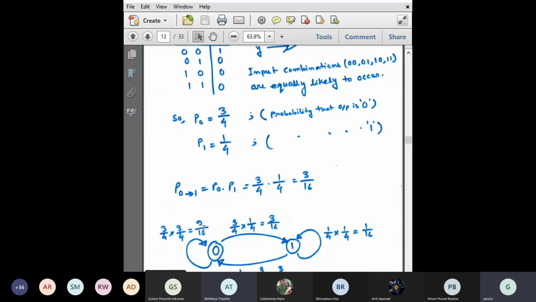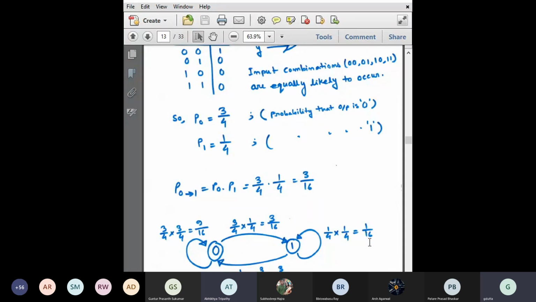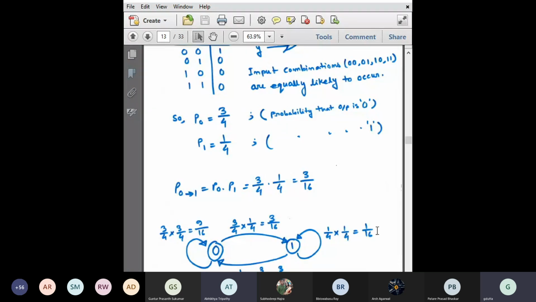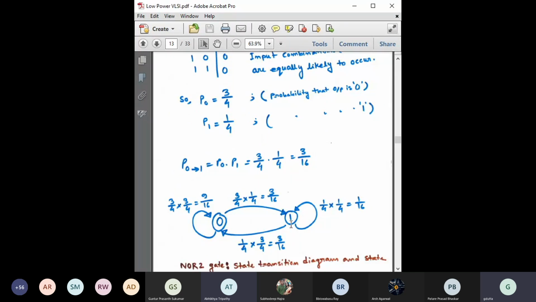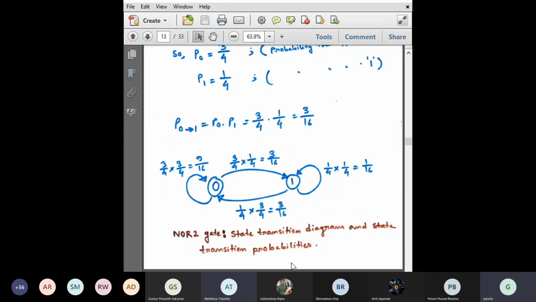It is 9 by 16. From 1 to 1, what is the probability? It is 1 by 16. Here the opposite one, that is the transition probability from 1 to 0, is again 3 by 16. So it is basically the state transition diagram and state transition probabilities for this NOR 2 gate.